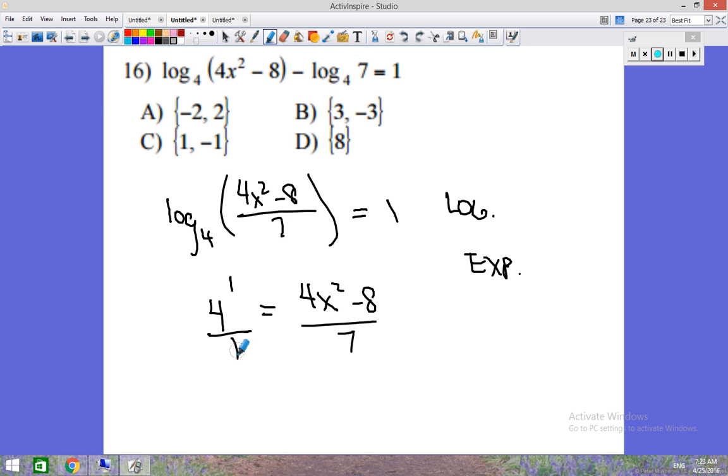If we cross multiply, along the yellow diagonal, we have 4x squared minus 8. Along the gray diagonal, we have 28.